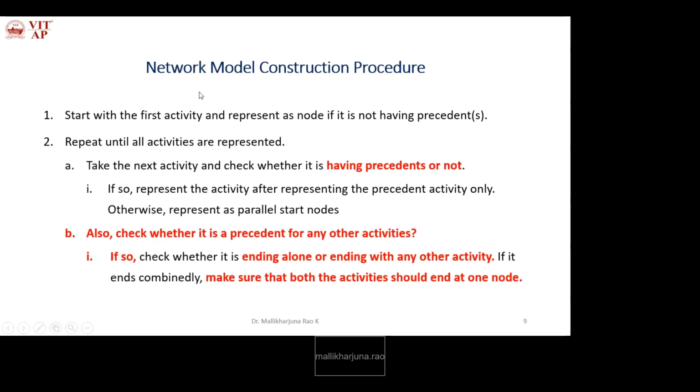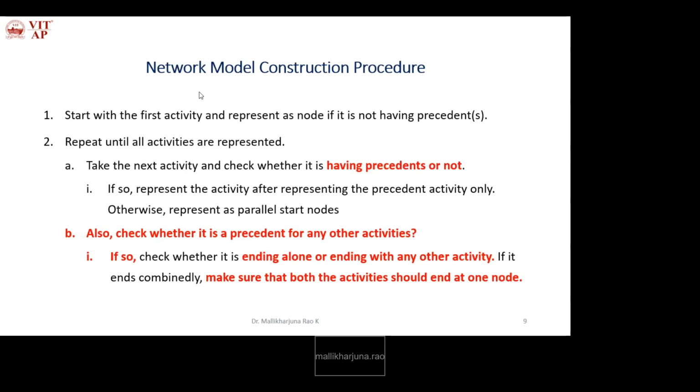Now, the network model construction procedure. How to construct a network model for the given activities? The first step is to start with the first activity and represent it as a node if it does not have any precedence. Then repeat until all activities are represented.